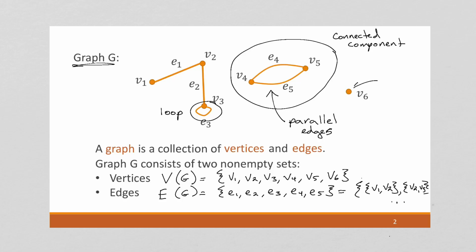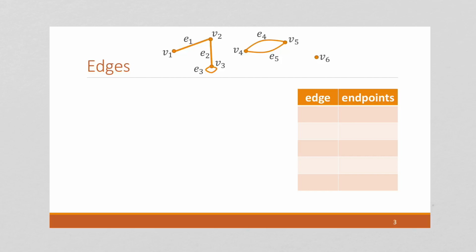Let's do it this way. As I briefly mentioned in the previous slide, we can define the edges by their endpoints. So each edge has either one or two endpoints.